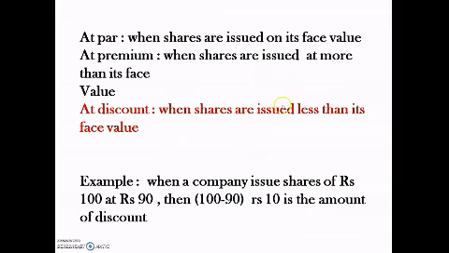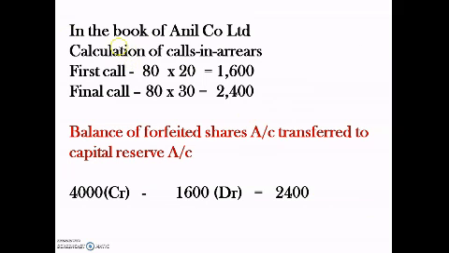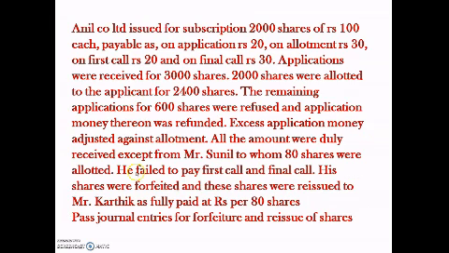Okay, next, see here, calculations of calls in arrear. In the books of Anil Company Limited, calculation of calls in arrear, first call and final call. Mr. Sunil was allotted 80 shares and he failed to pay the first and final call money.